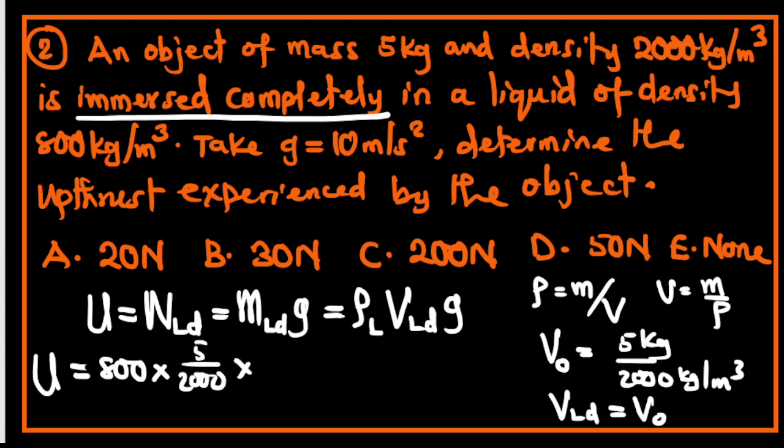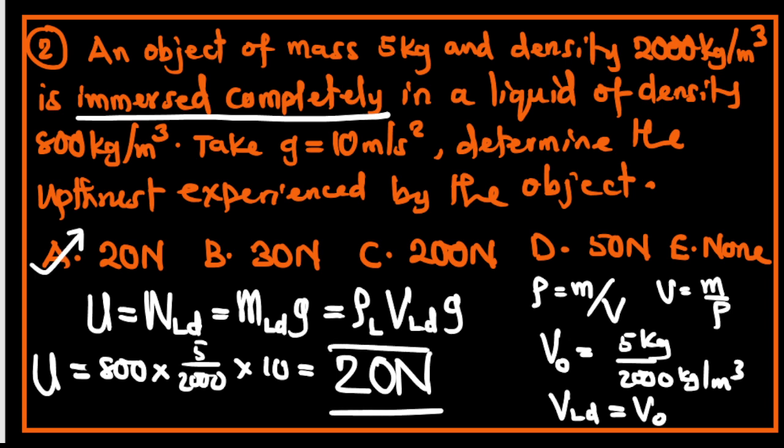Then times G is 10. You simply say 800 times 5 divided by 2000 times 10, that gives us what? 20 newtons. So the answer is not 50, the answer is 20 newtons. 20 newtons is the upthrust experienced by the object.